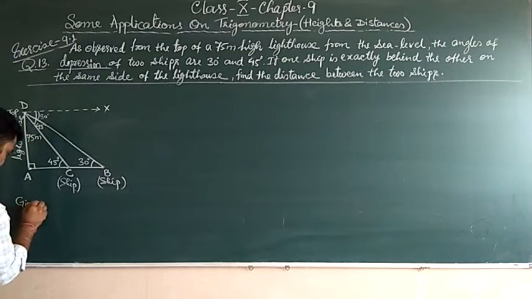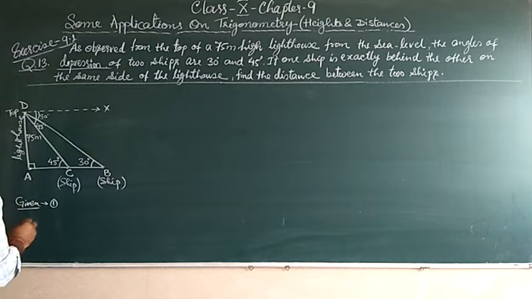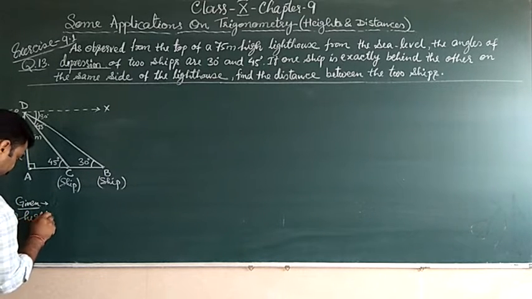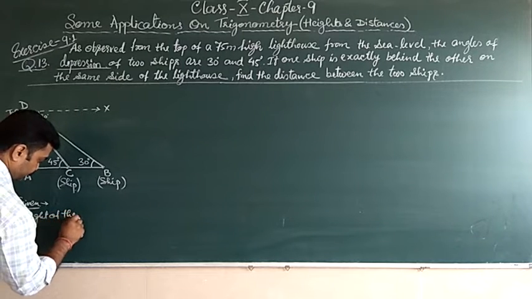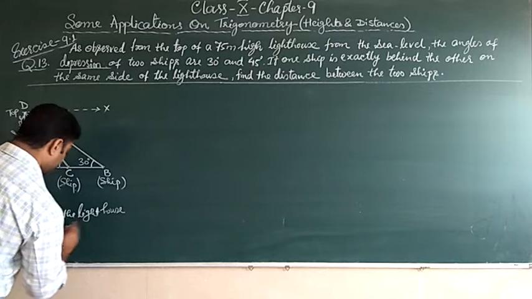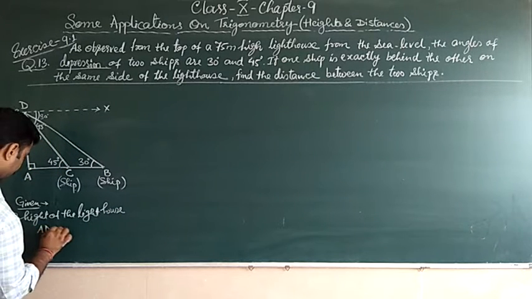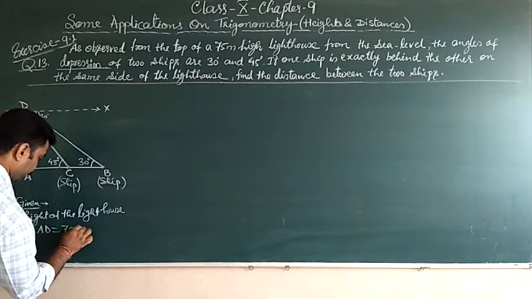Given, first thing, height of the lighthouse, that is AD, is equal to 75 meter.